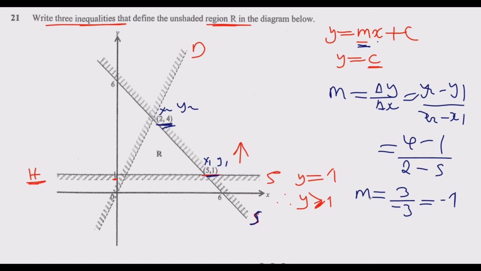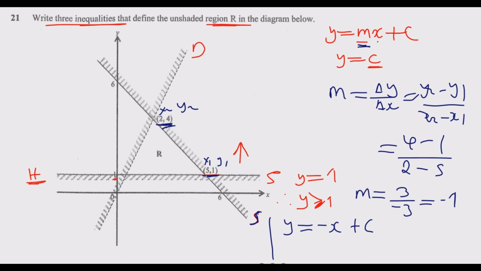So m is negative 1. Once we know m, we can substitute it into the equation. It will be y is equal to minus 1 times x, which is minus x, plus c. Now this equation just describes the line generally, so let us pick one point to find the value of c.